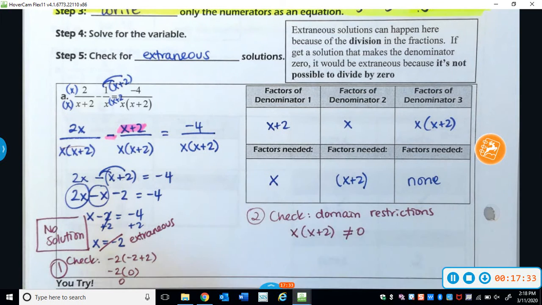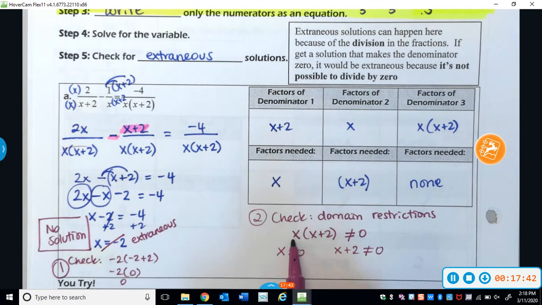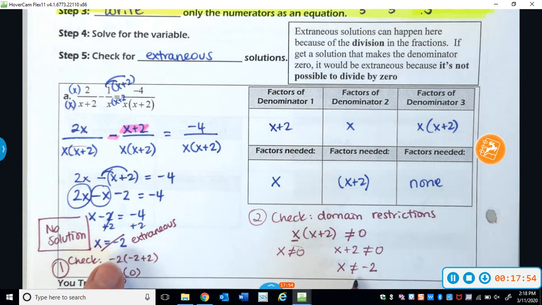And the way I'd solve something like this where it's factored is I just take each of those factors and put it equal to this, and then solve. So right off the bat, I can see that x is not allowed to equal 0. That's one of the x values that makes the denominator 0. The other x value that makes the denominator 0 is negative 2. And so once I know which ones are not allowed, I would just go back and check my answer. If it's any of those, I'll know to cross them out.